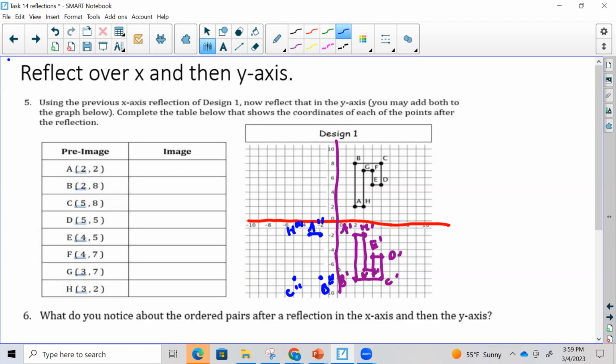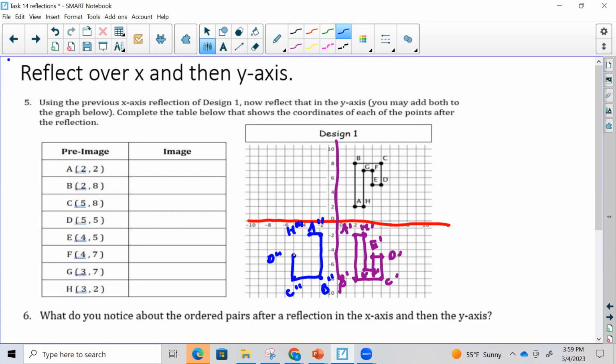Okay, and again, I'm putting 2 primes for each one. Okay, D is 1, 2, 3, 4, 5 to the right of it. So I'm going to count to the left, 1, 2, 3, 4, 5. And then this is D double prime.